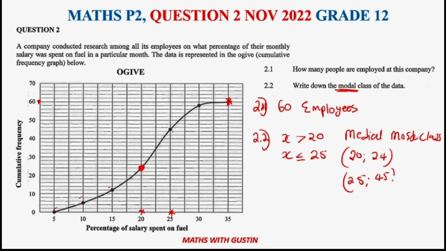So what you can do basically is these two classes that are here. That's how you would deal with a question like this one. You may put it like this, you're going to get marks, and also put it like that as well. So moving right along, let's move to 2.3.